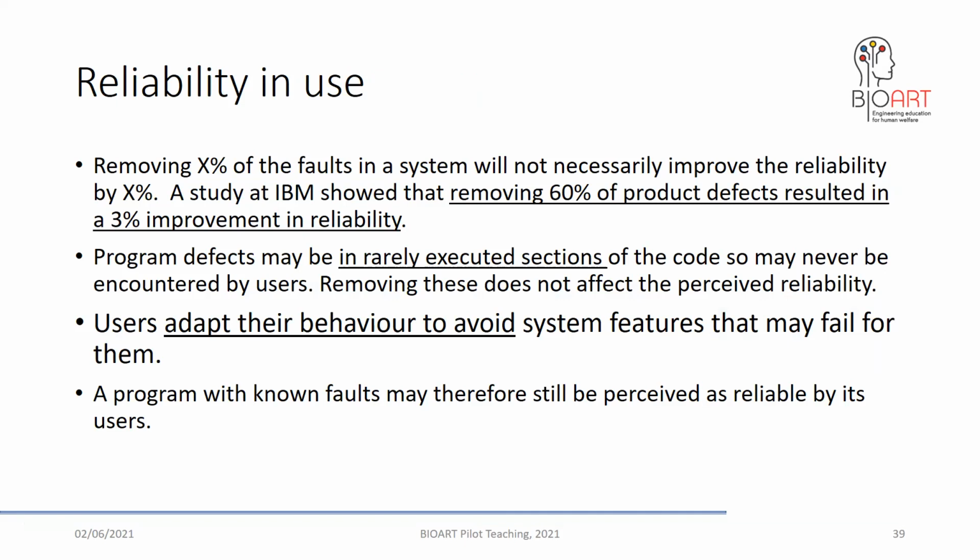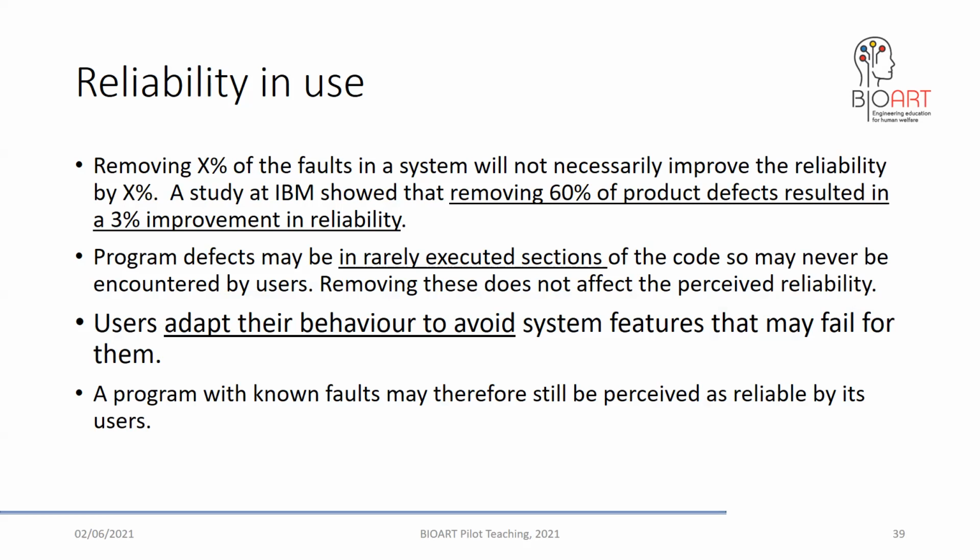When we're talking about reliability in use, we should understand that generally not all faults, not all defects, cause a problem in the final functionality of the system. As you can see from the IBM research, removing 60% of product defects results in only a 3% improvement in reliability.